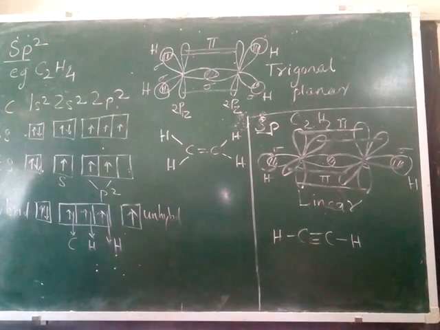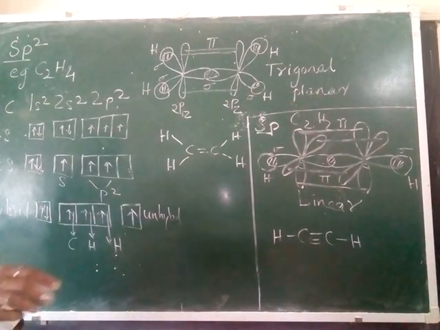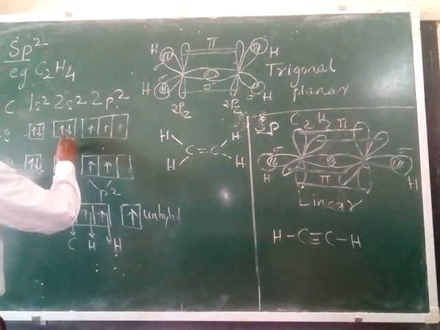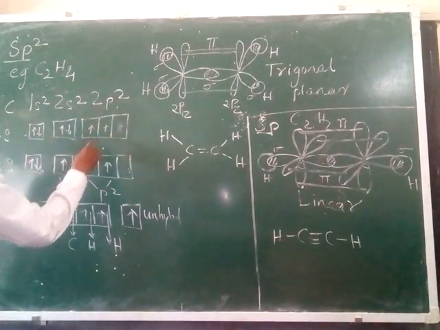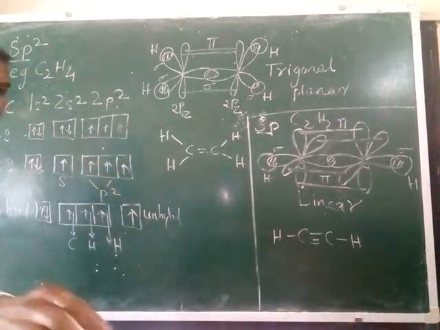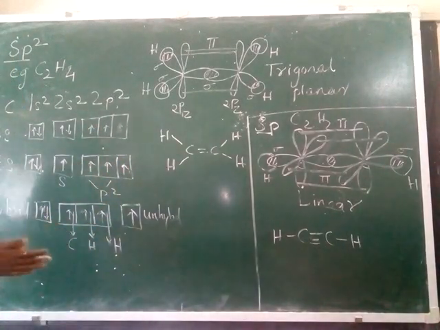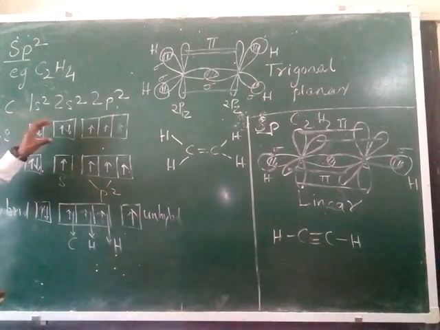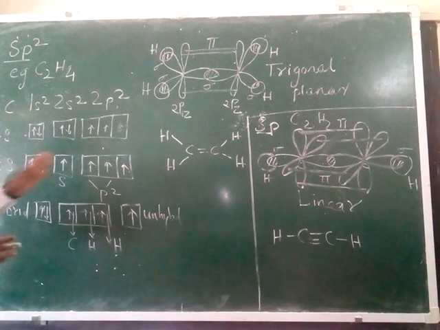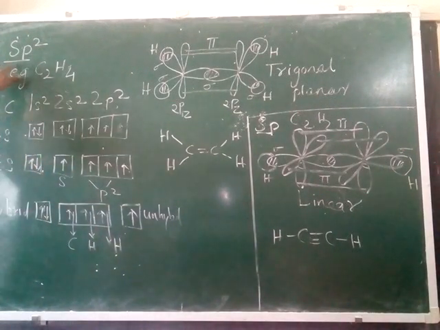Okay, so after going to the excited state, as you can see here, the ground state will be 1s2, 2s2, 2p2. Then one electron gets transferred, so we write down 1 here. After the formation of 4 orbitals containing a single electron, the next step will be hybridization, and the hybridization is sp2.